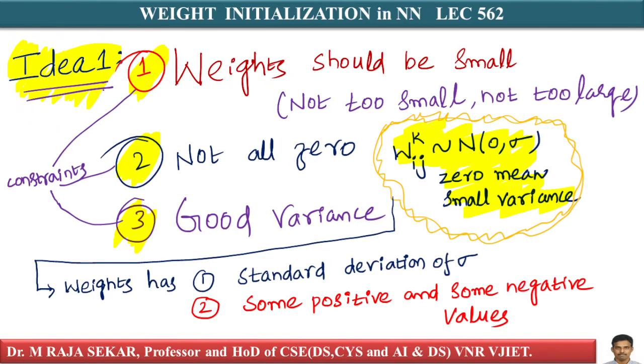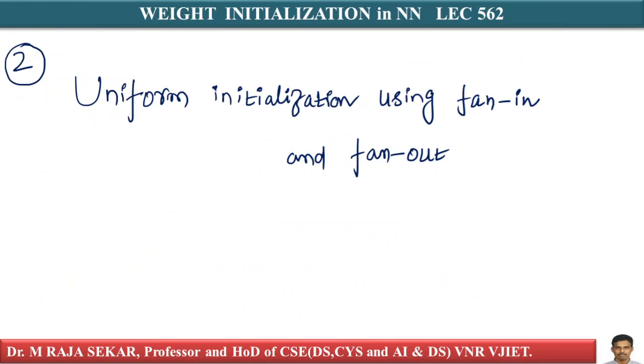This is idea one: weights should be small, not too large, not all zero, good variance. That's what we discussed, isn't it? What is my idea two? Idea two is uniform initialization using fan-ins and fan-outs.